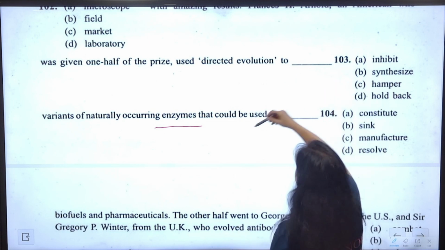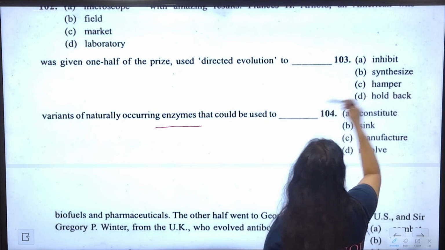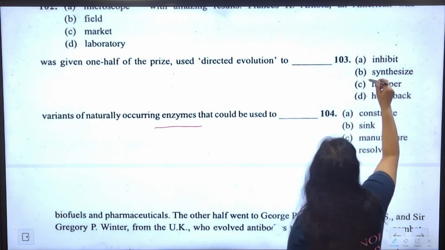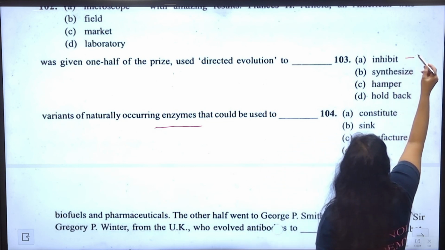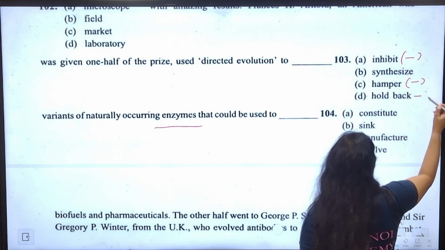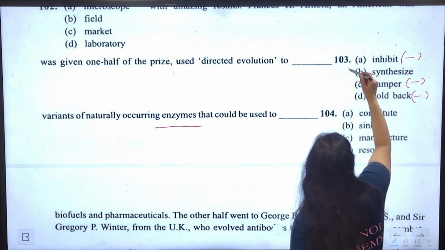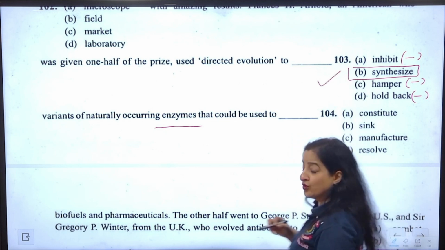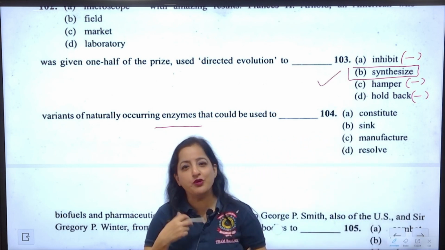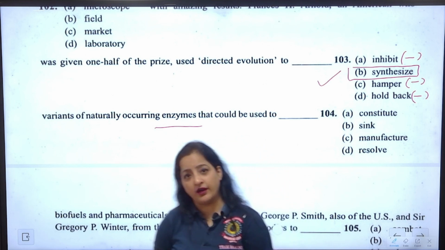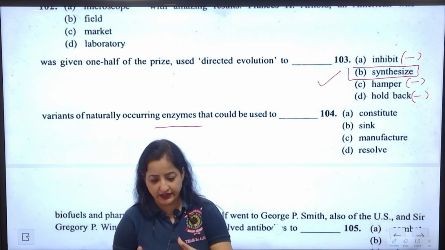They inhibited the enzymes, synthesize, hamper, or hold back. Now if you think about it, this has a negative meaning. Hamper also negative meaning. Hold back also negative meaning. Final answer is therefore this. Odd one out. I'm giving you more and more tips. Context क्या है passage का? कुछ काम किया, तभी Nobel Prize मिला, ये किया.